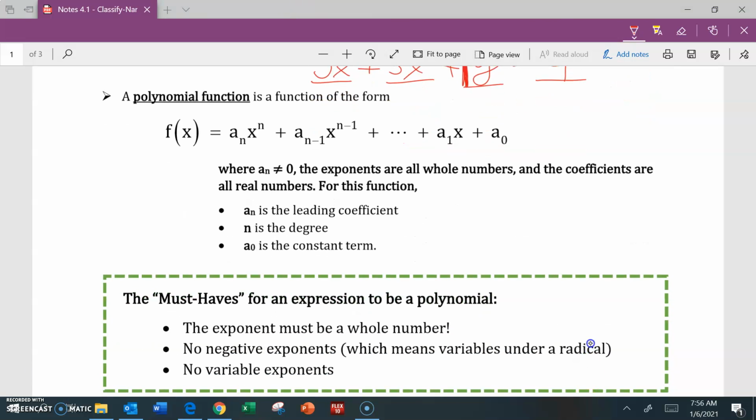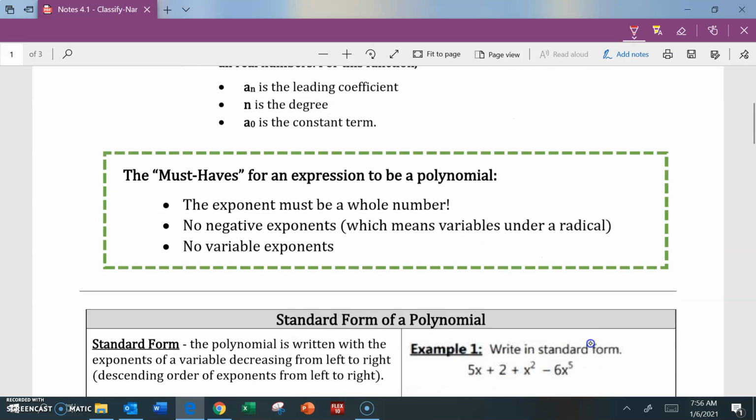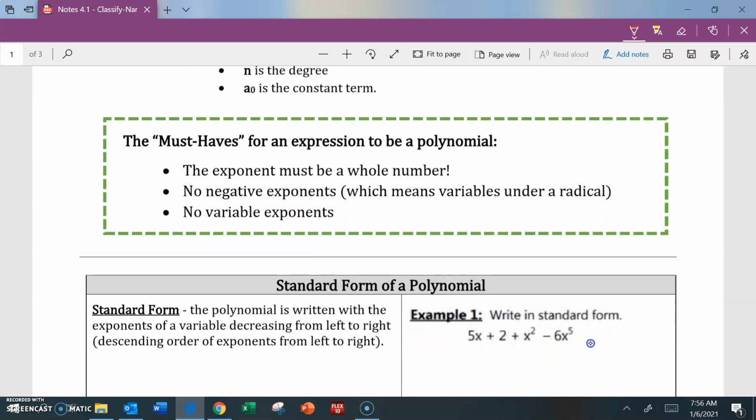Not every expression in math is a polynomial. So I just need to make sure that I'm going to write in this little green box the must-have. So in order to be a polynomial, because I think in your assignment you have to explain why it is or why it is not, the exponents on your variables have to be a whole number.